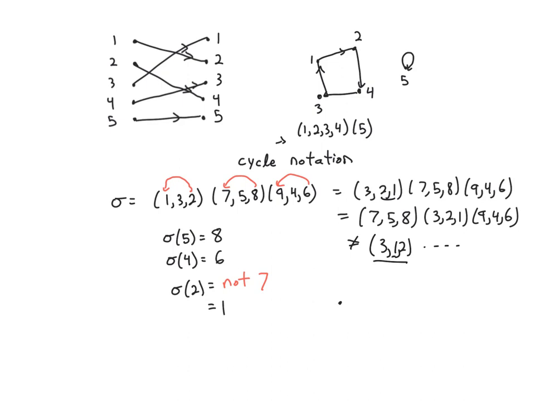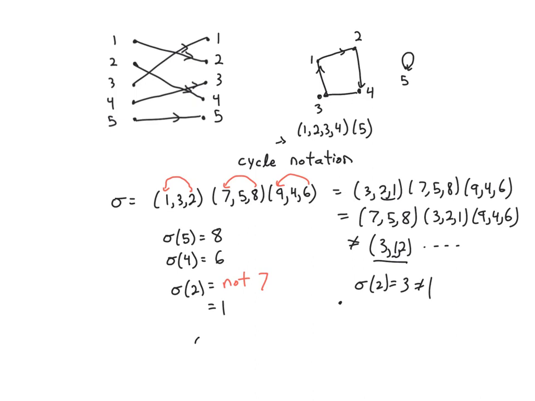So for instance here, sigma of 2 is 3, which is not what we had earlier. So order does matter on a cycle, with the exception that moving something from the front of a cycle to the back of the cycle doesn't change the permutation. But permuting things within a cycle does change the permutation, so you do have to be careful.